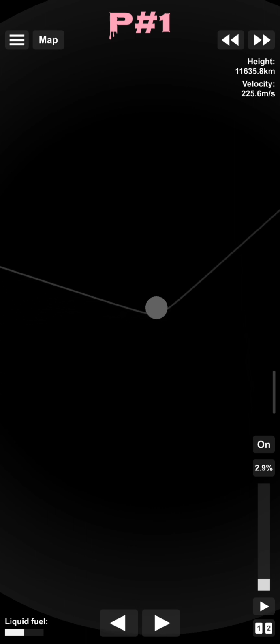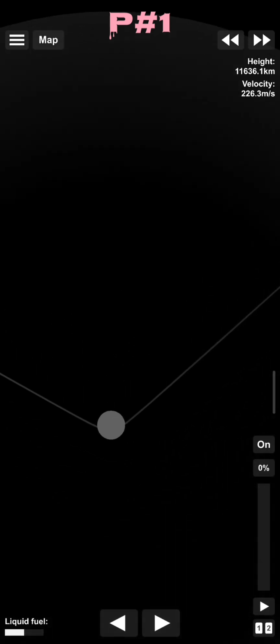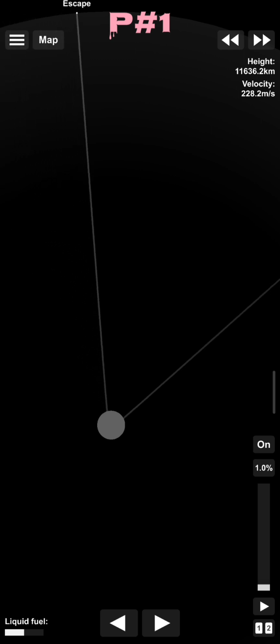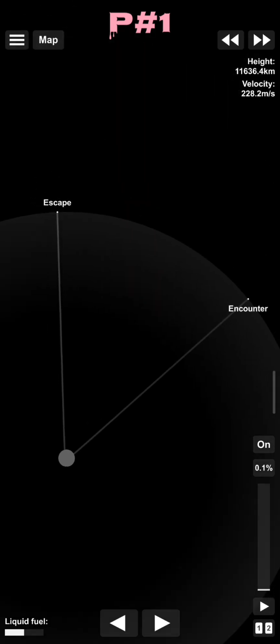And here we touch the surface, and to make a smooth landing I will set the encounter point and escape point closer to each other.